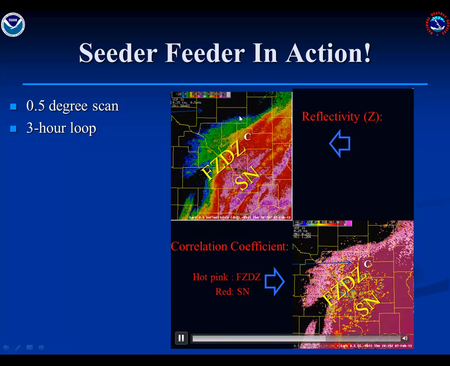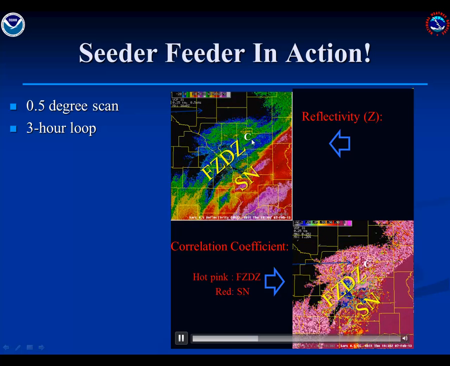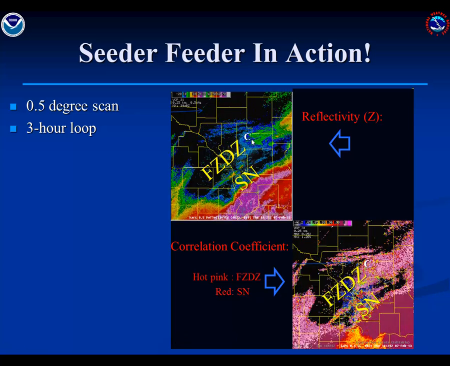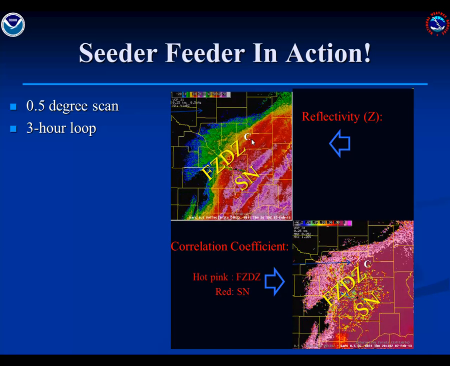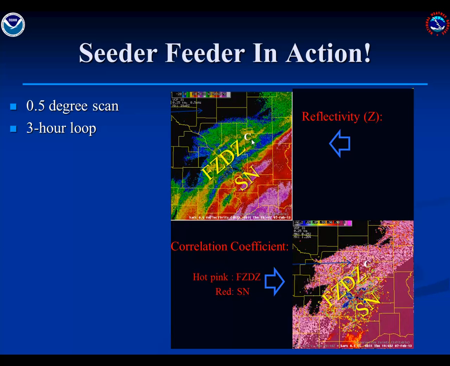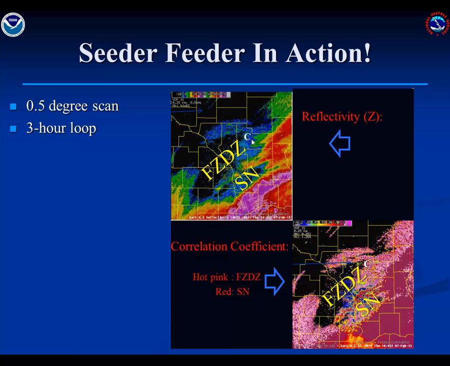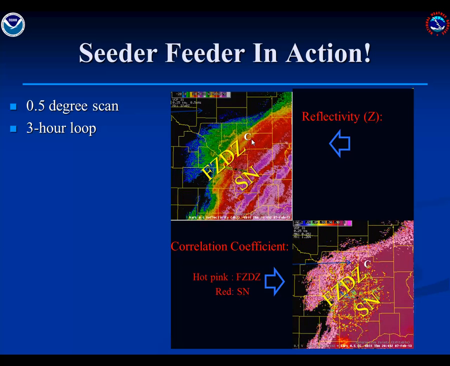So what we had is ground observed freezing drizzle in this area near C. So basically, the seeder-feeder was not activating. However, by the end of the loop, we had a higher level cloud deck move over the top, and as you saw in the LAPS sounding, that ice environment eventually saturated down and seeded the freezing drizzle or the supercooled liquid layer that was near the surface.